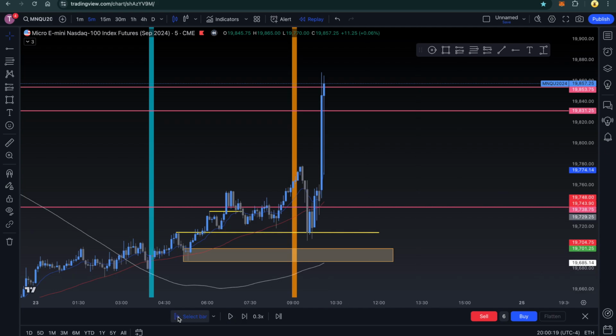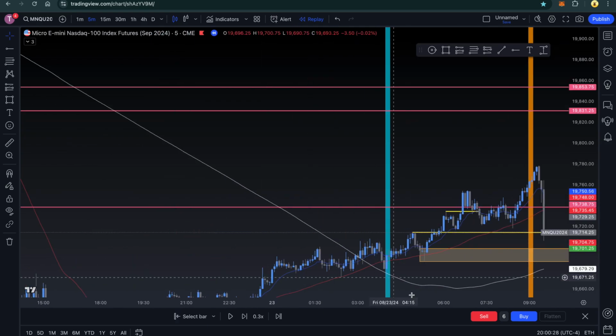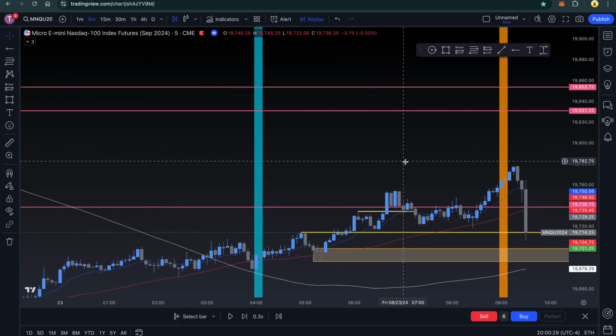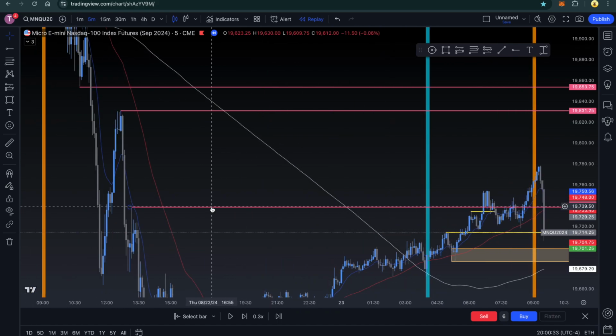Let's go back a little bit more, and let's say that we did take this trade when price did hit the yellow line. We're going to break that down as far as entry and exit. So we know that price already broke this pink line, this structure right here.